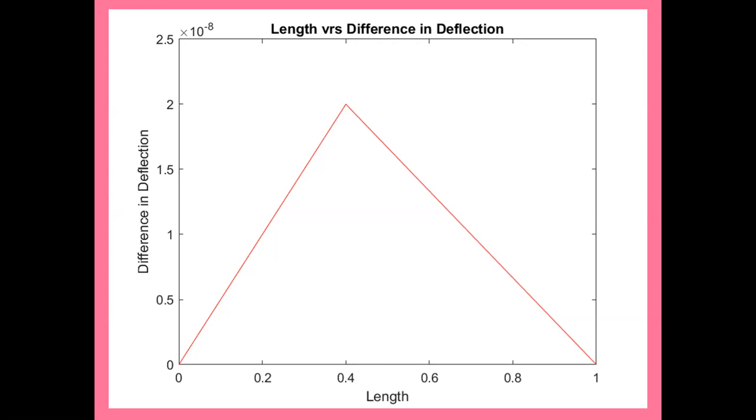This is obviously one of the features of any numerical method. The numerical method is going to give you a solution which is going to converge, or approach the exact solution, as the number of nodes increases, or you can say as the discretization becomes finer and finer.